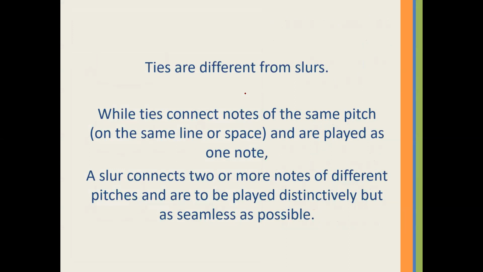Ties are different from slurs. While ties connect notes of the same pitch, on the same line or space, and are played as one note, a slur connects two or more notes of different pitches, and they are played distinctly but as seamlessly as possible.